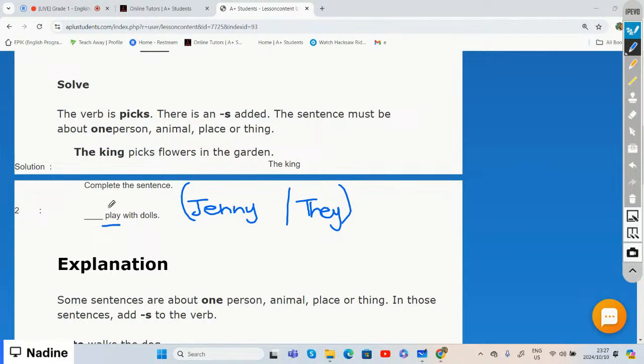And if we were to choose the correct option between Jenny or they that play, then we would say more than one person. They play with dolls. More than one person play with dolls.